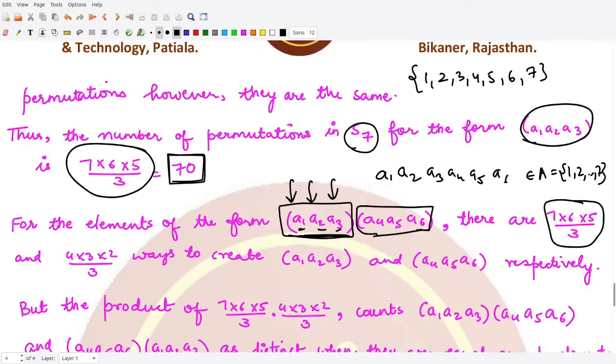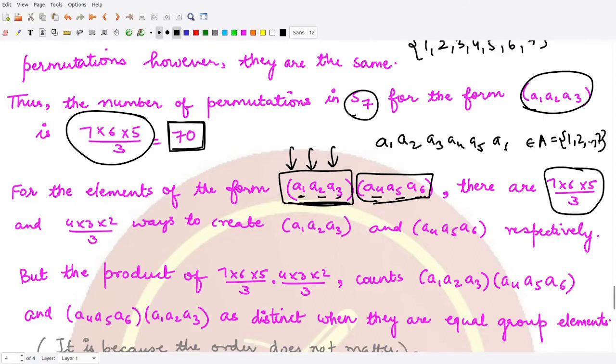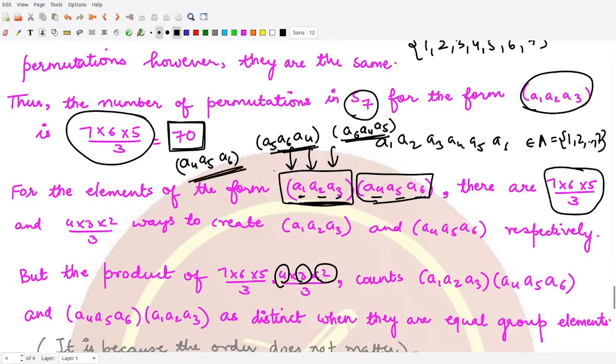For the remaining A4, A5 and A6, we choose from the remaining 4 numbers. So for A4 we have 4 choices, for A5 we have 3 choices, for A6 we have 2 choices. Again the triplets of this kind, A4, A5, A6, would be treated as different from A5, A6, A4 and A6, A4, A5, however they represent the same permutation. So we again divide by 3.